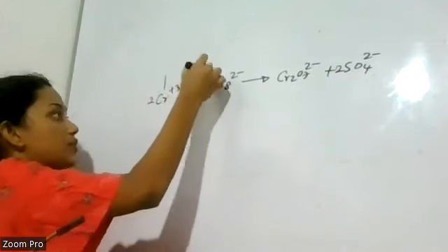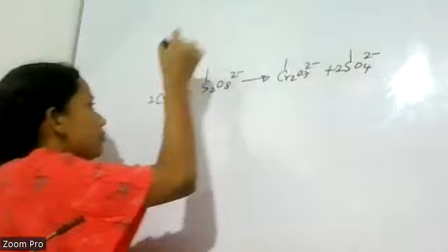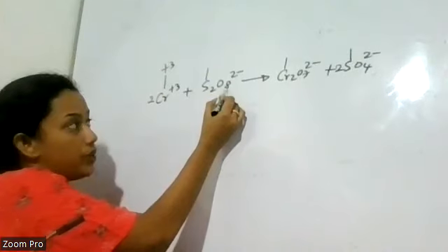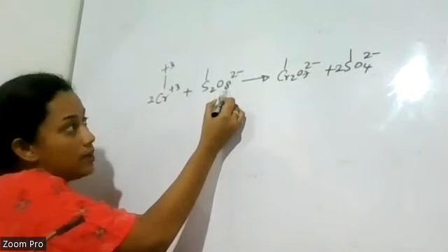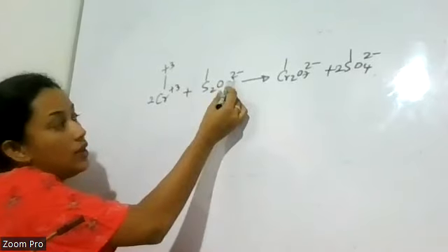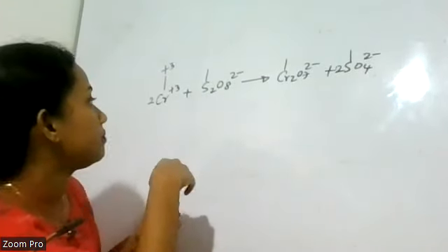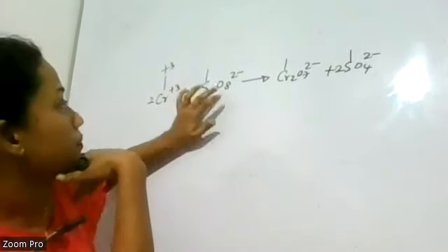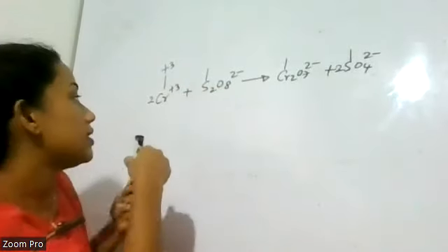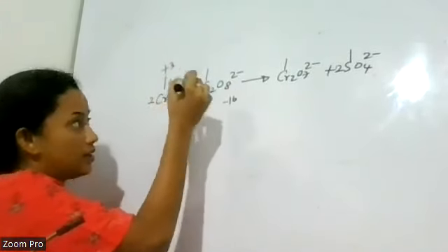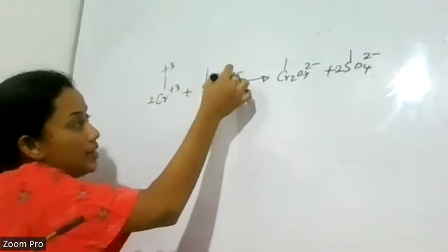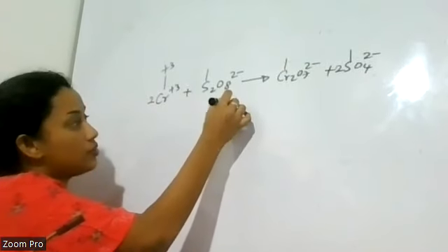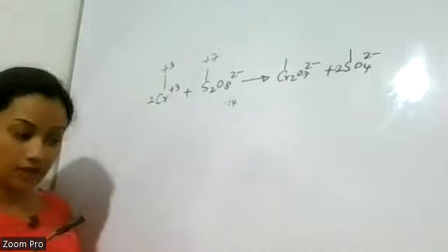Then identify oxidation numbers. Plus 3 here, all minus 2. Minus 2 into 8 is minus 16, and plus 2 means each should take plus 7.